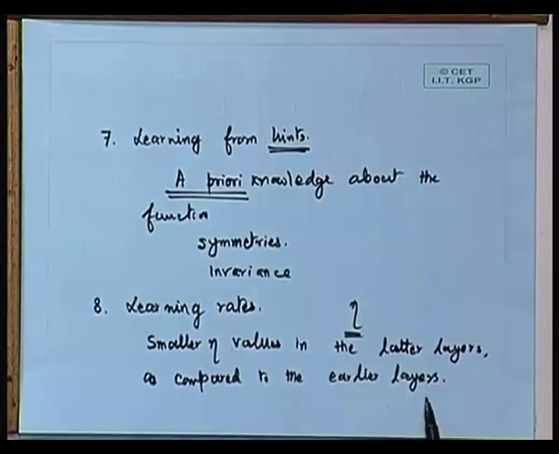So, if we want the multi-layered perceptron to work well, we are not going to keep eta as a constant. Eta can be made to vary according to the layer, and we should have smaller eta values in the later layers, and larger eta values in the earlier layers, so that the more difficulty in learning will be for the earlier layers.